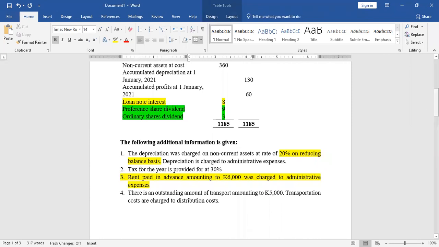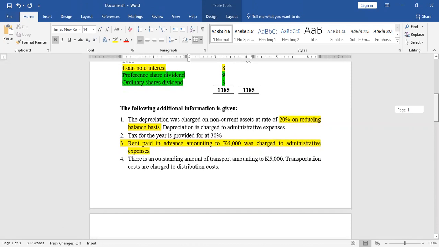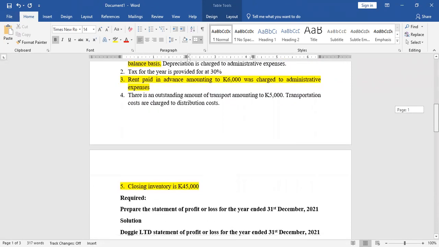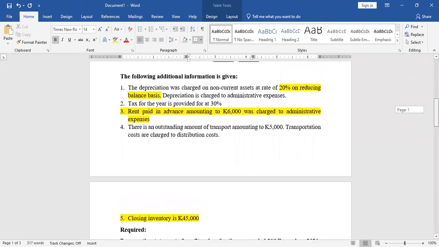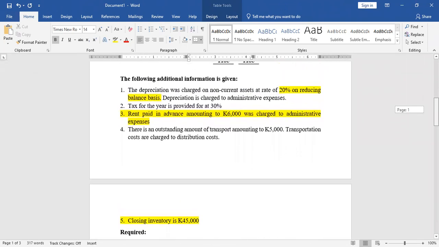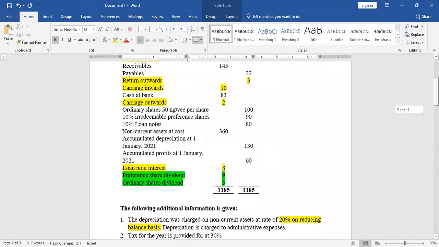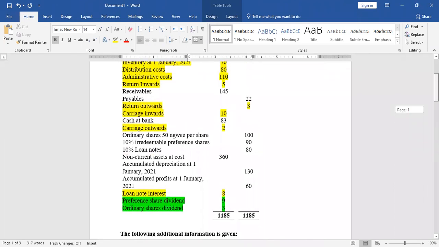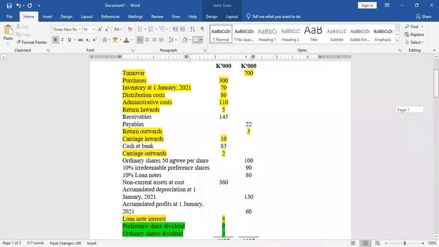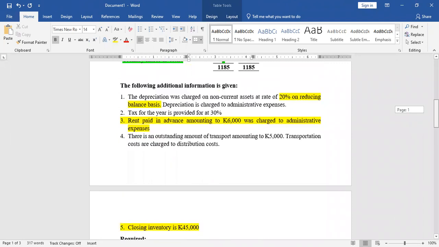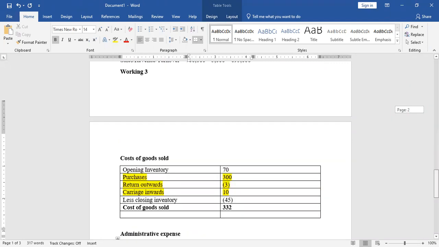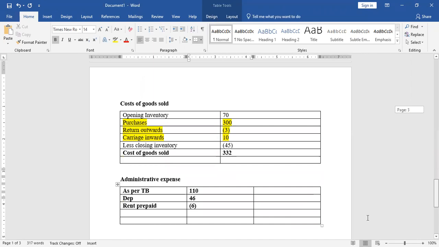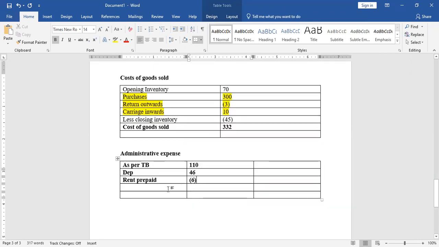No, transport affects distribution cost. Closing inventory 45. We've already dealt with closing inventory, remember when we were calculating cost of sales? So that is it. I can close for administrative expenses from here.